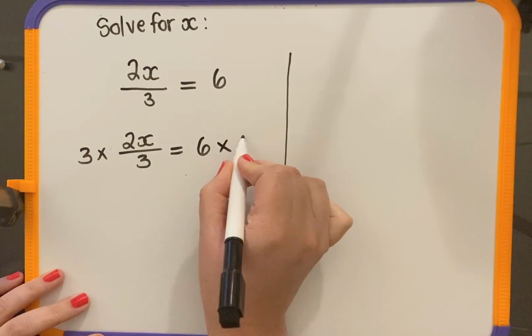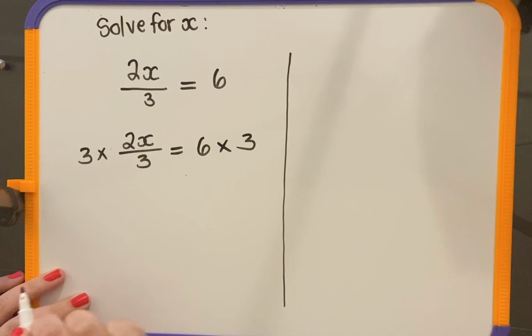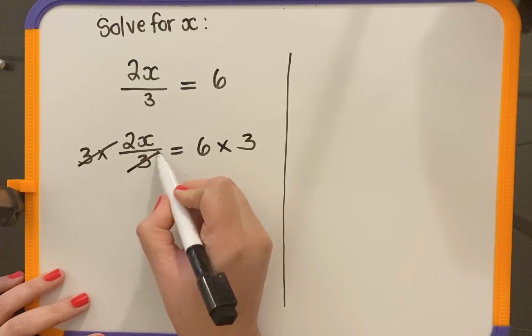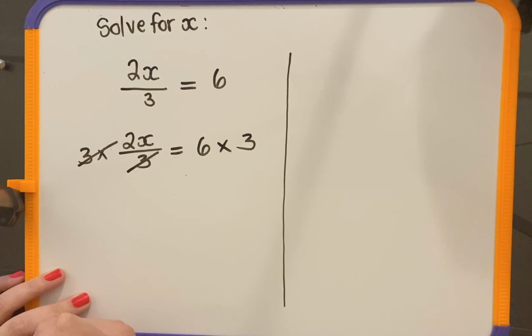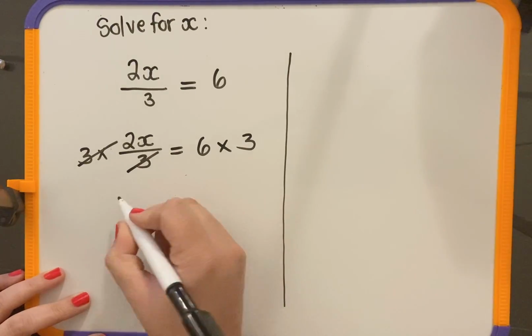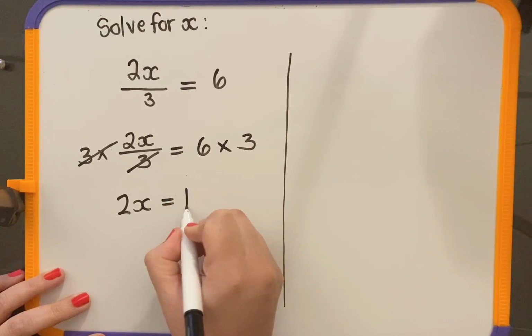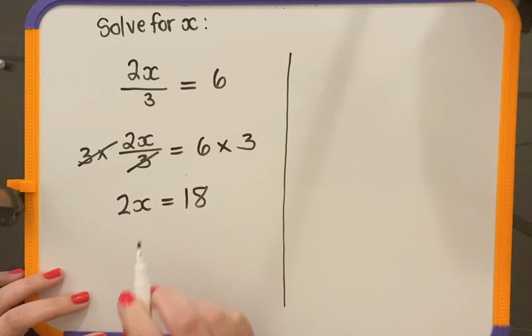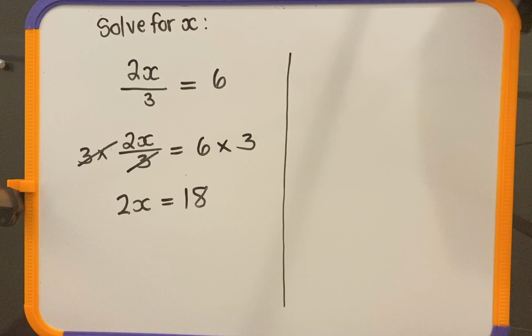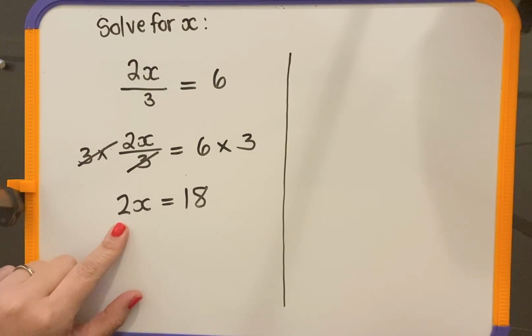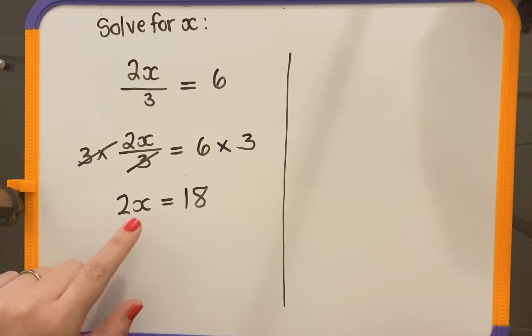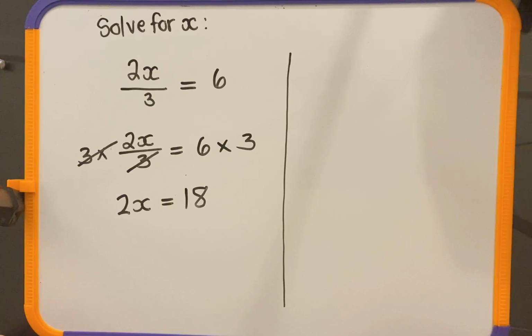So I'm going to multiply by 3 on both of these sides. 3 divided by 3 cancels each other out. It becomes 1. So I'm left with 2x. And 6 times 3 is 18. I'm still not finished. In order to get rid of this coefficient of x, I need to undo the multiplication of 2.